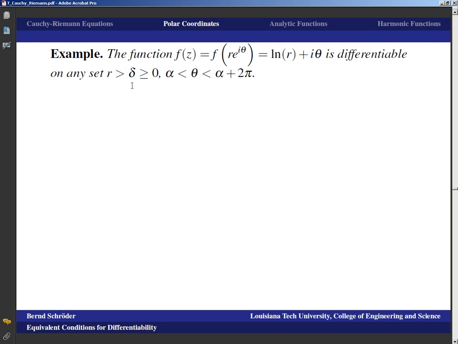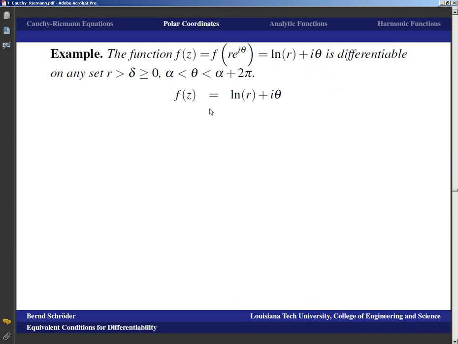So it could even be just r greater than 0. And again, theta can't wrap all the way around, and that's much more obvious here, because if theta goes all the way around by 2 pi, then from one direction we would approach alpha, and from the other direction we would approach alpha plus 2 pi, so that thing would be highly discontinuous.